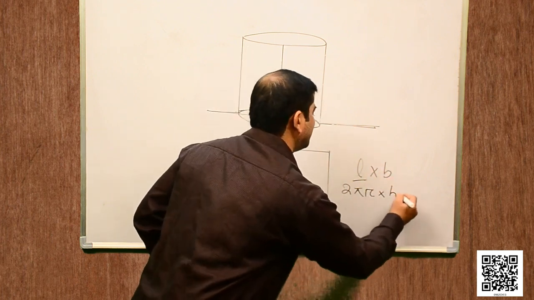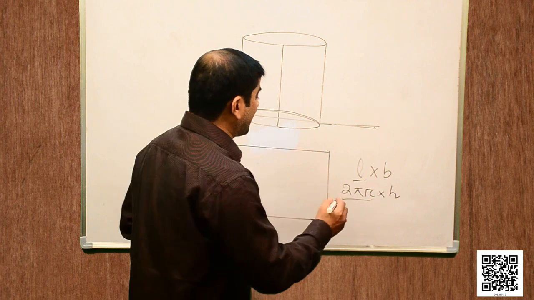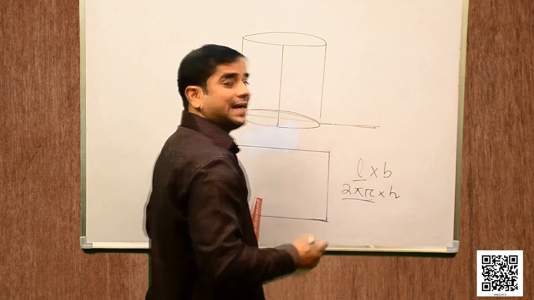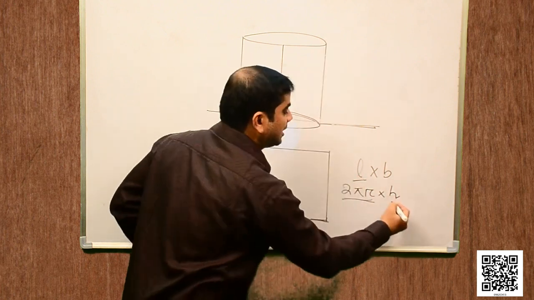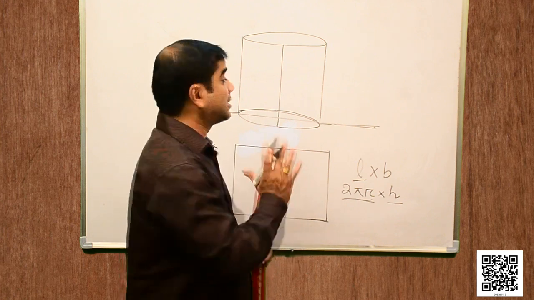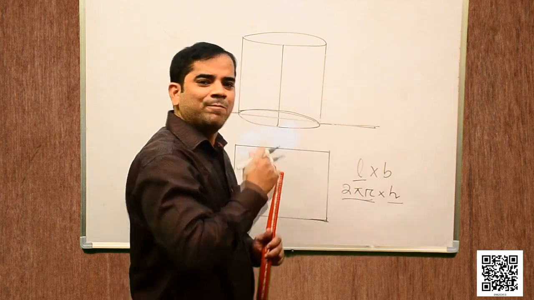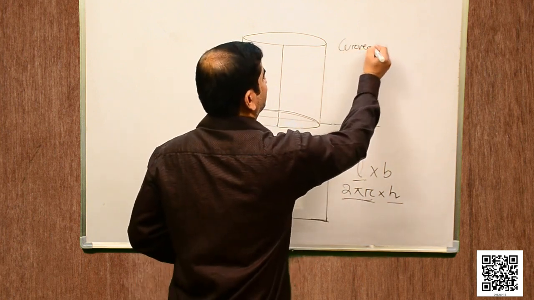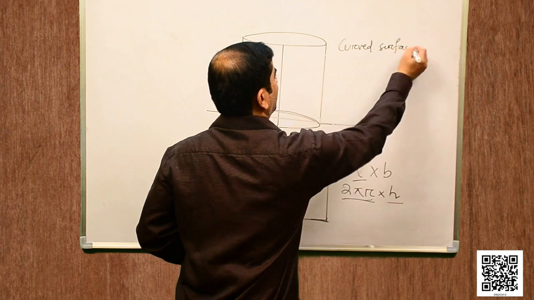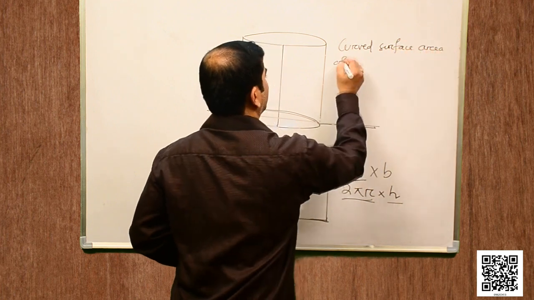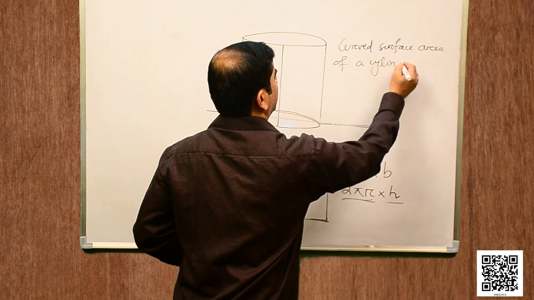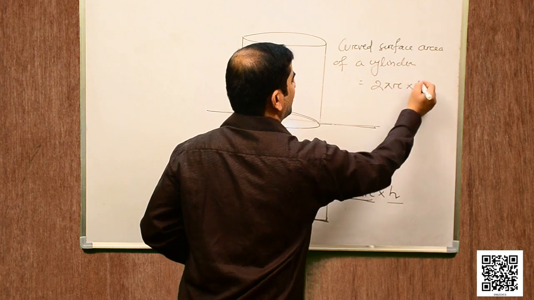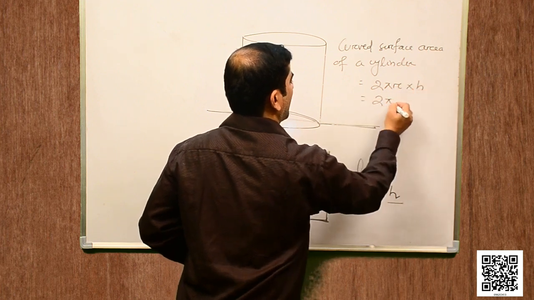This is the height of the cylinder. So the circumference of the base of the cylinder, represented by 2 pi r, is multiplied with the height of the cylinder denoted by h to give us the curved surface area of the cylinder. So that means curved surface area of a cylinder is equal to 2 pi r into h, or we can write 2 pi r h.